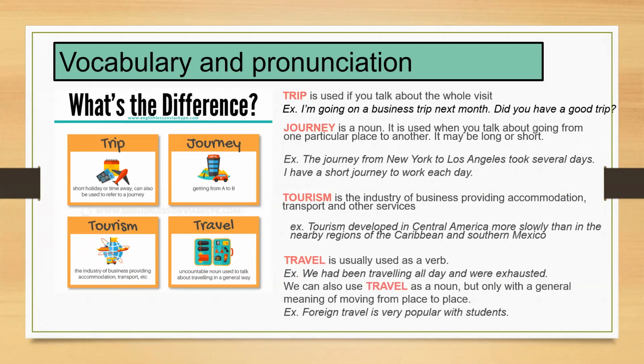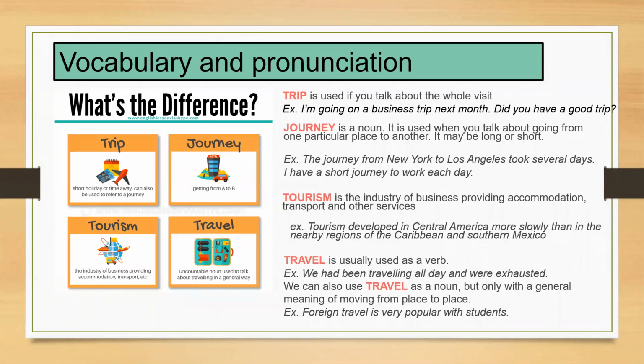Okay. And finally, travel is usually used as a verb. Okay, we have been traveling all day and we're exhausted. We can also use travel as a noun, but only in the general meaning of moving from place to place. Okay, entonces we can use travel and trip in a very similar way when we use it as a verb.